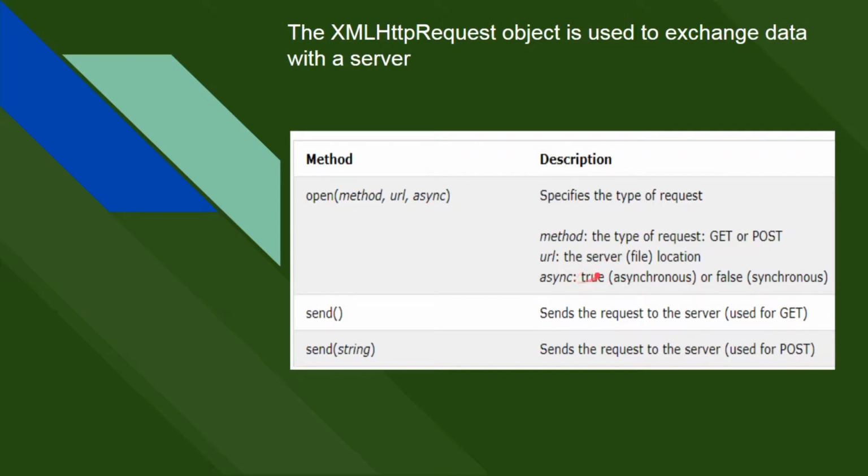We recommend always using true. And then the send method sends the request to the server for get, and if you want to post, then you can use the string parameter. So mainly we use the open and send methods.